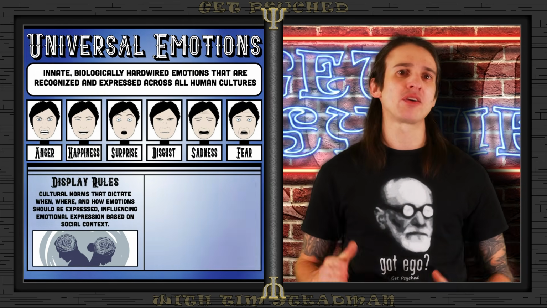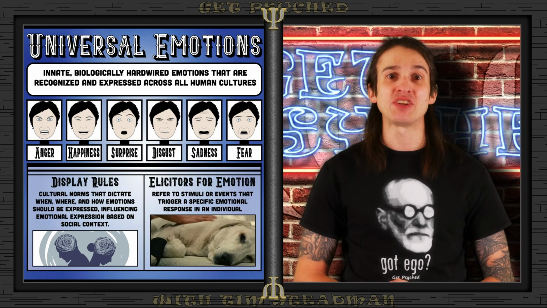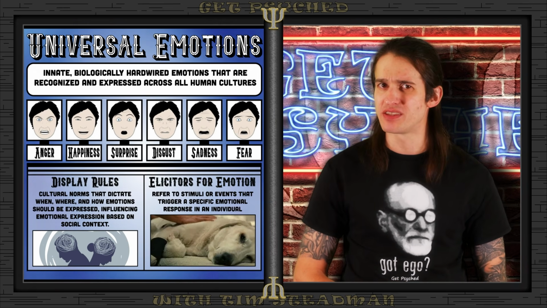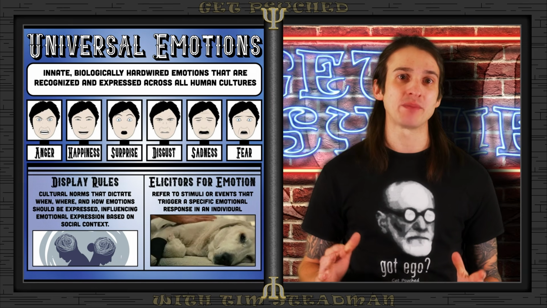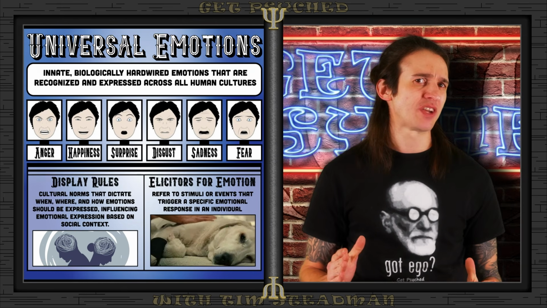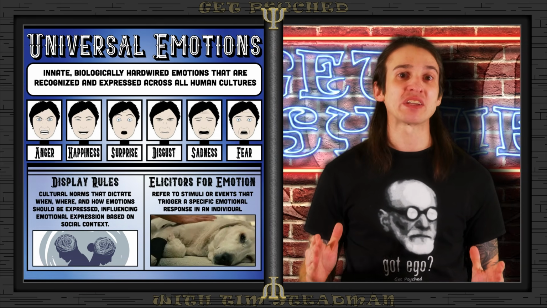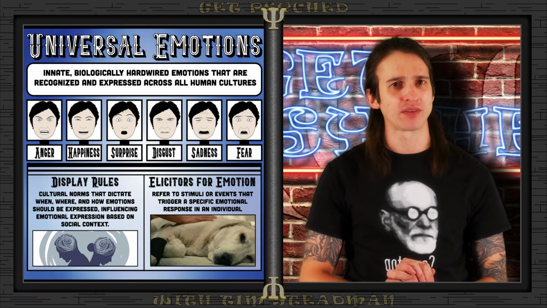And finally, there are cultural influences on how we elicit emotions, as different societies shape what triggers emotional responses, how emotions are expressed, and which emotions are deemed appropriate in various situations. So while the basic emotions we feel are shared across humanity, the way we express and interpret those emotions is deeply shaped by our cultural background.